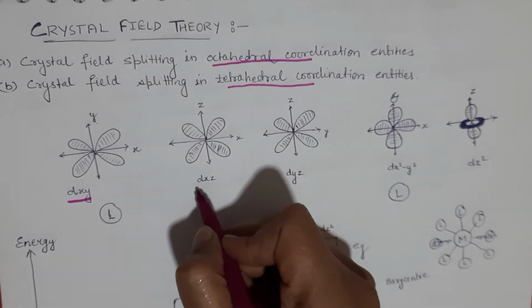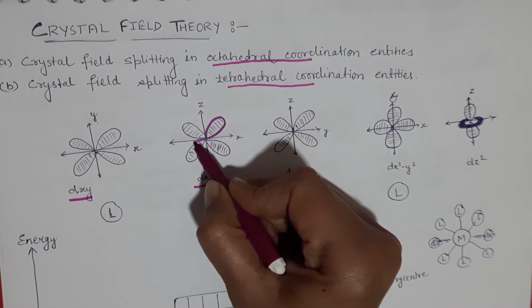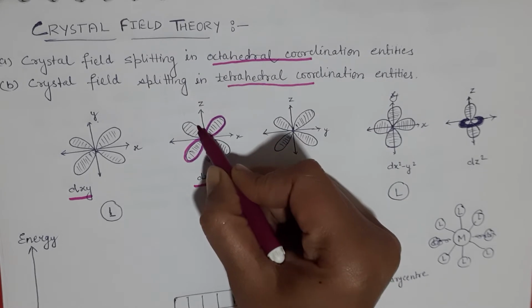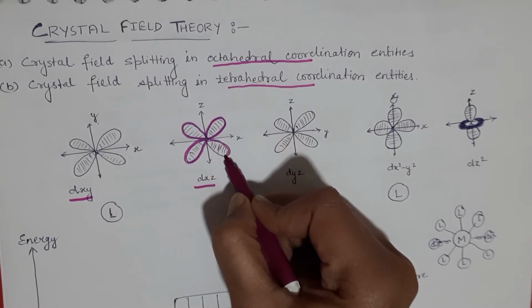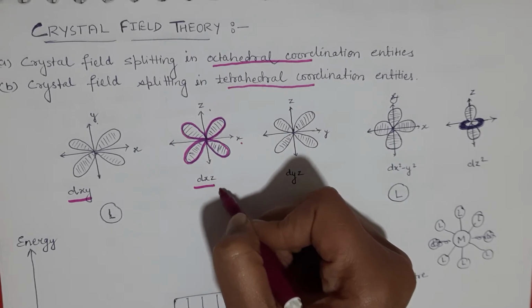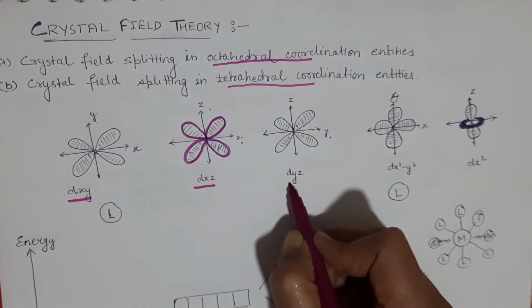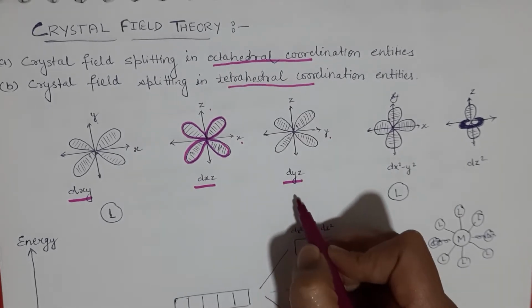Okay, dxz means the lobes are present in x and z, so it is named dxz. Here you can see the lobes are present in the y and z axes, that's why the name is dyz.